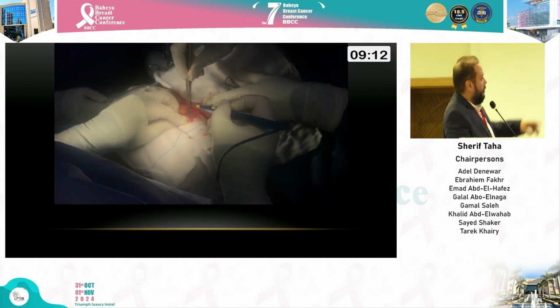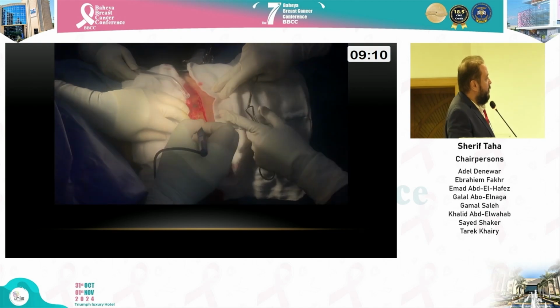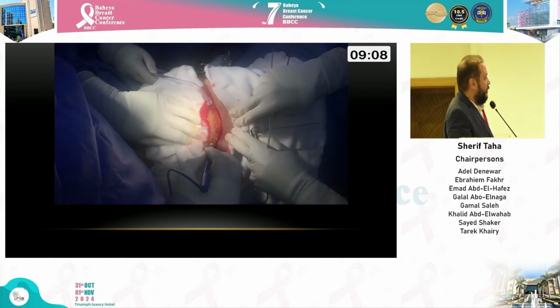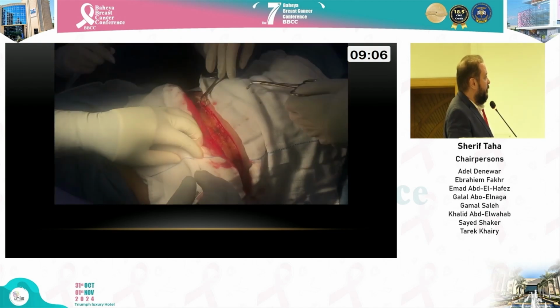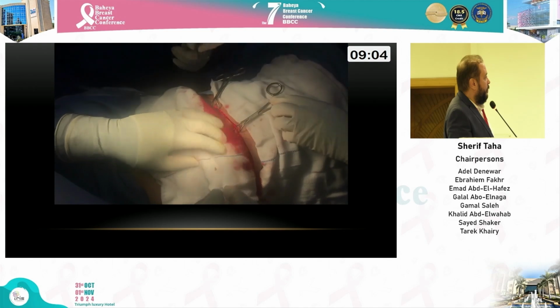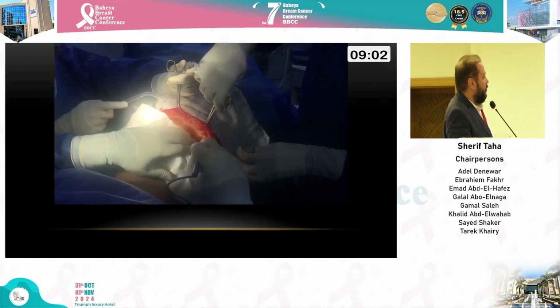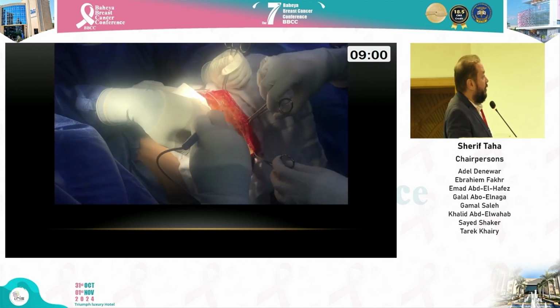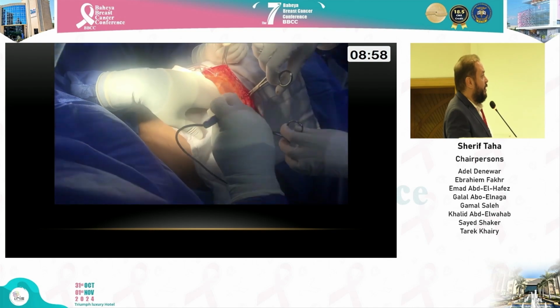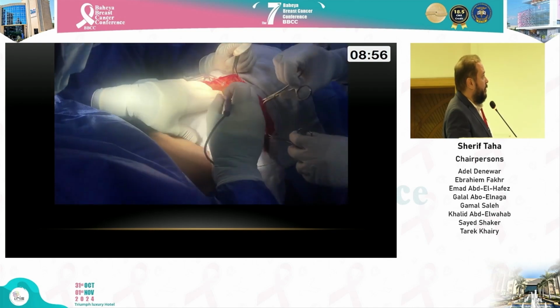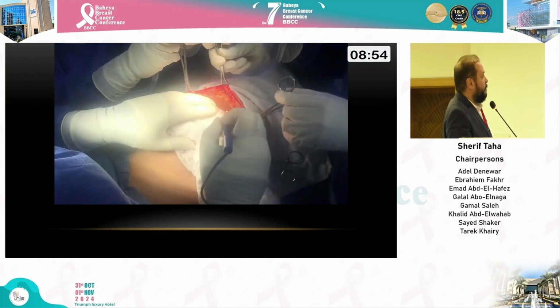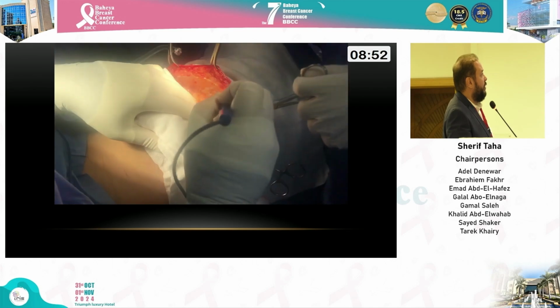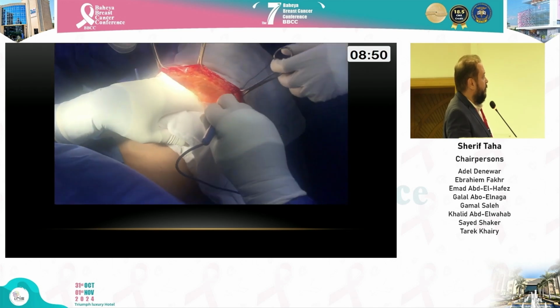We try to dissect the LD from the skin and subcutaneous fascia. We usually try to preserve as much as possible the deep fascia of the back. We take as much fat as possible, however, we don't try to breach the deep fascia.